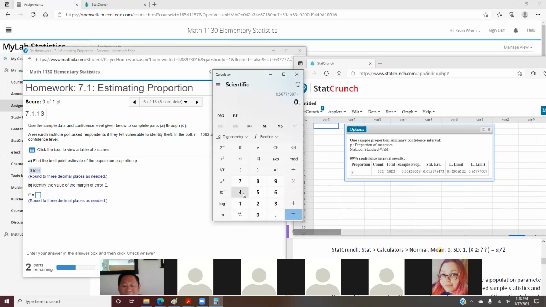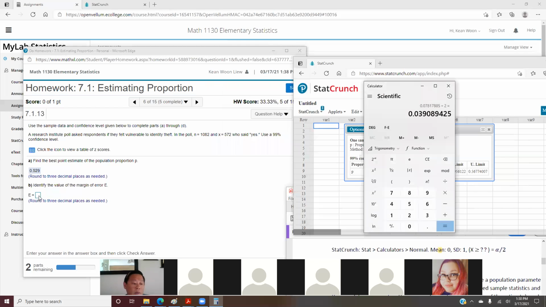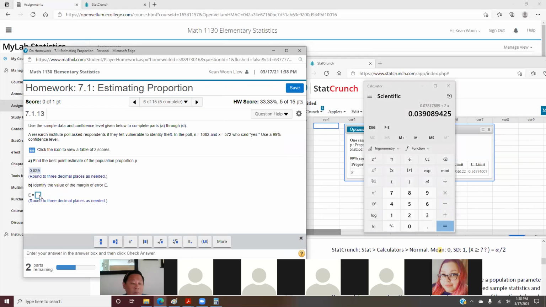If you round this, you might get some problems with rounding error. So that's why I recommend you use as many decimals as you can. And then divide this by 2. So this is what you get. In 3 decimal places, now you can round. 0.039.